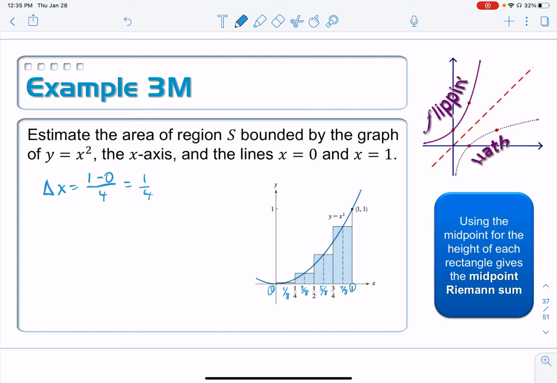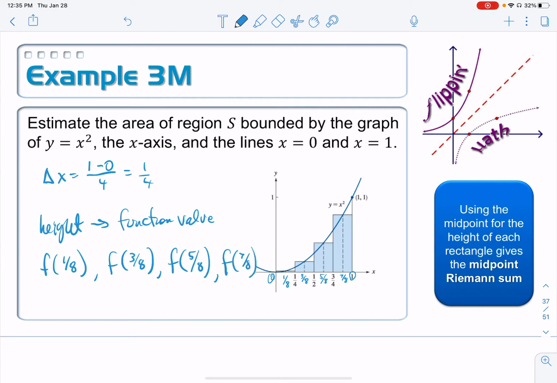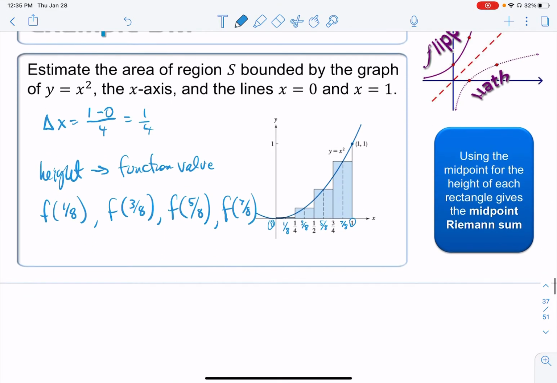We also need our heights, which is our function values. Our function values include, our first one is f of 1/8, and then the next one is f of 3/8, f of 5/8, and then finally f of 7/8. And then we want to add all these things up.